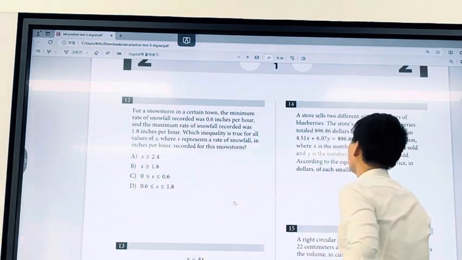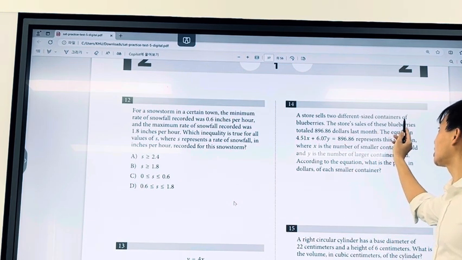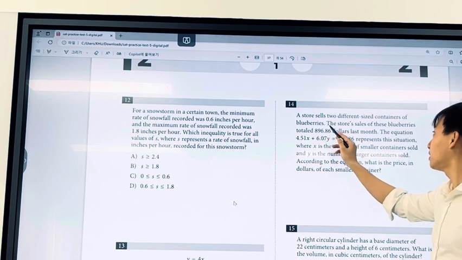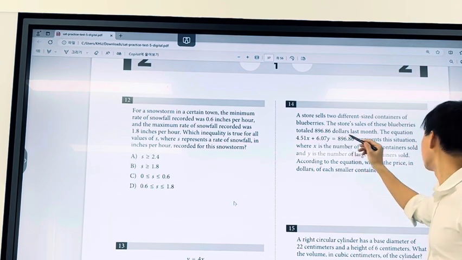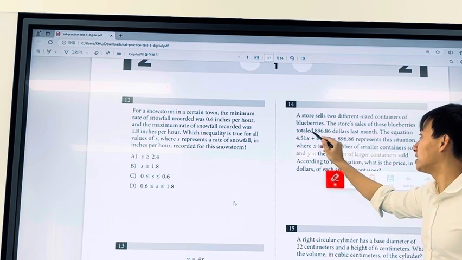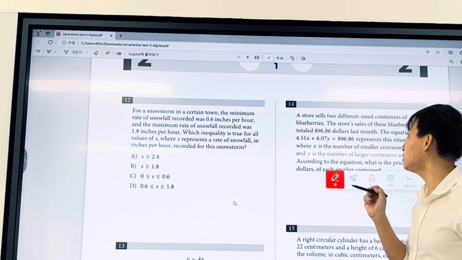The next one, question 14. The store sells 2 different size containers of blueberries, right? The store sells these blueberries, total 8,900.